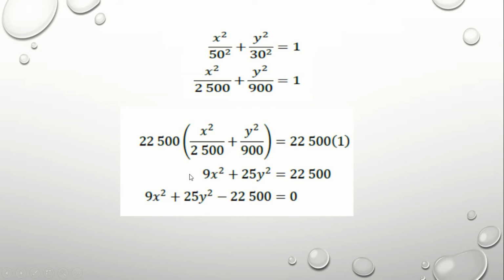So this is not yet in general form. That is why we transpose 22,500 to the left side, so it becomes negative 22,500, and then equate to 0. Therefore, the equation representing the given ellipse is this one.